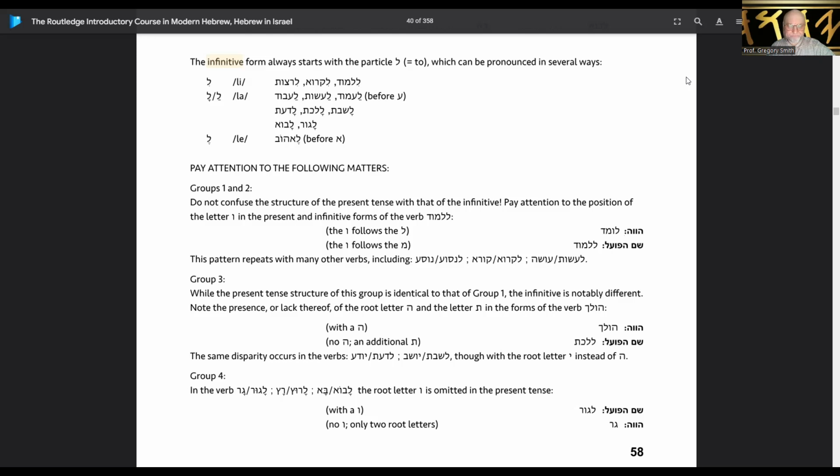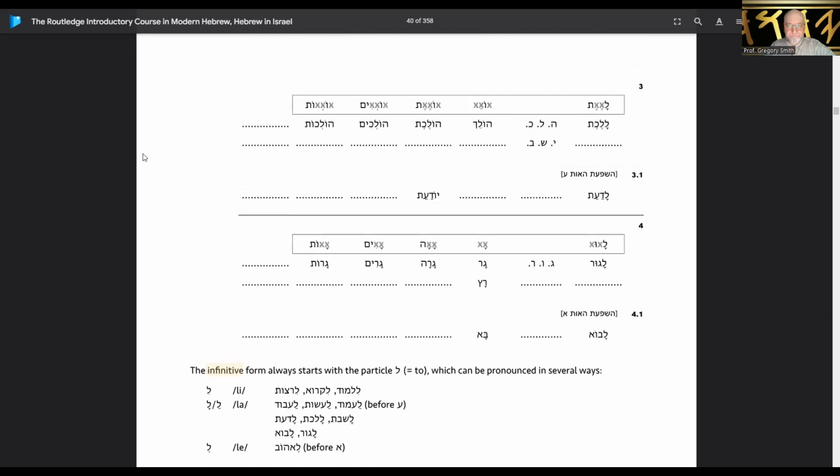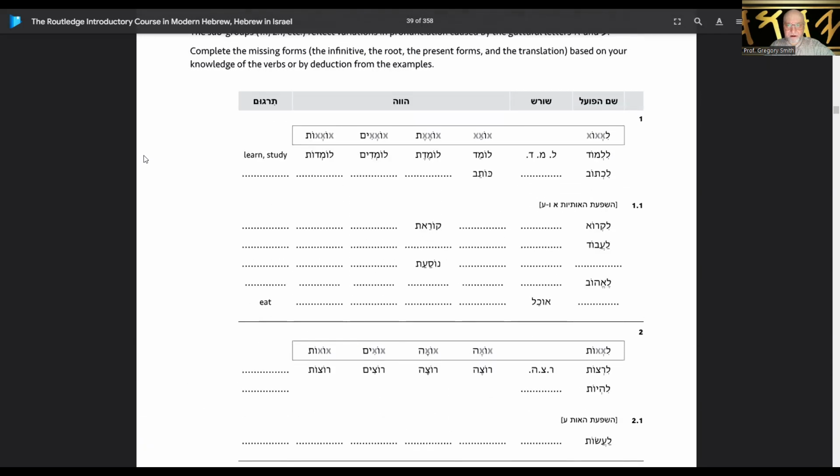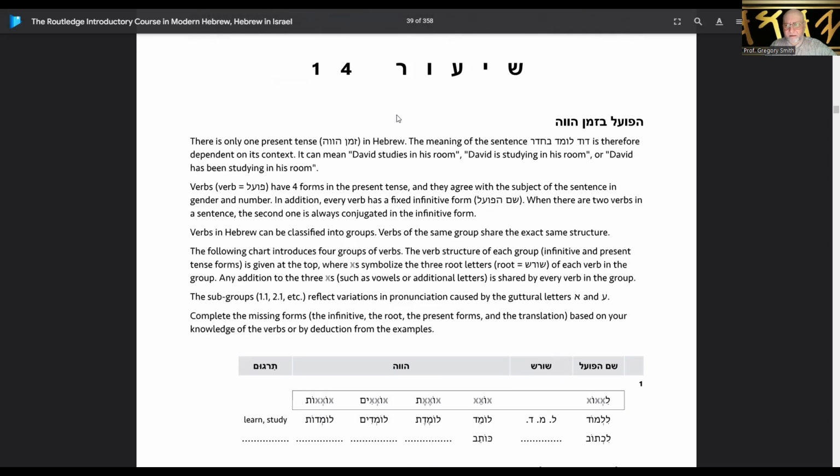Last time, we went through this chart where we looked at the verb form, the Shem Hapuel, the Shoresh, meaning the root, the Hoveh, present tense, and the Tirgum, the translation.